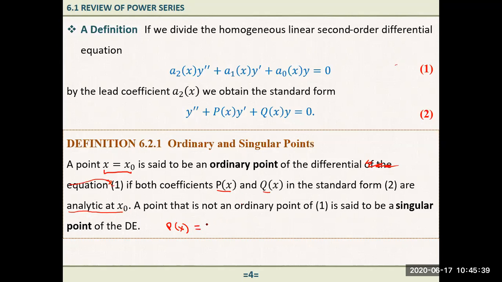That means I can find a power series, the sum from n equals 0 to positive infinity of a sub n times x minus x sub 0 to the power n. So these functions have power series representations about the point x sub 0.